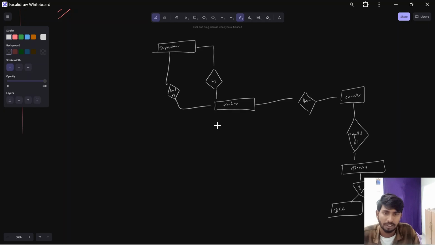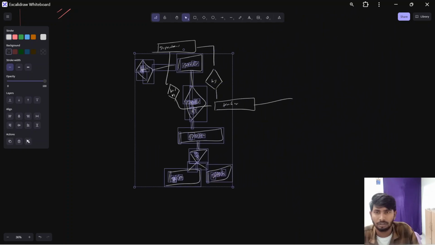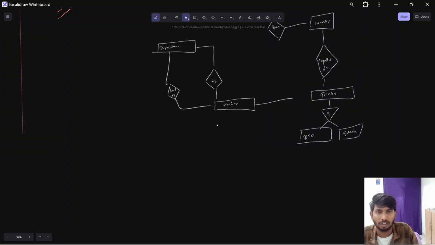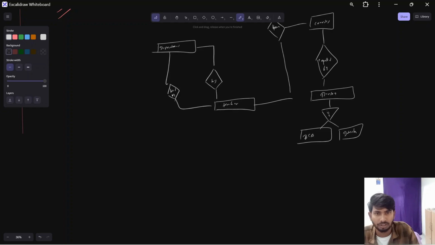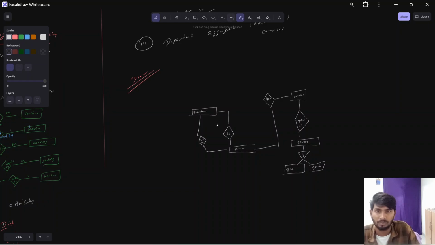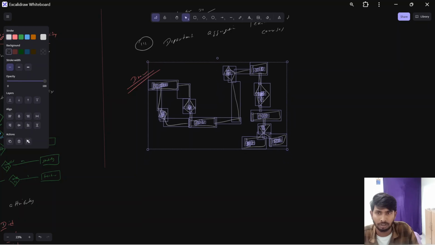Now we can create the relationships like that. Just create here and map to this. These are the relationships. These are the EER model.